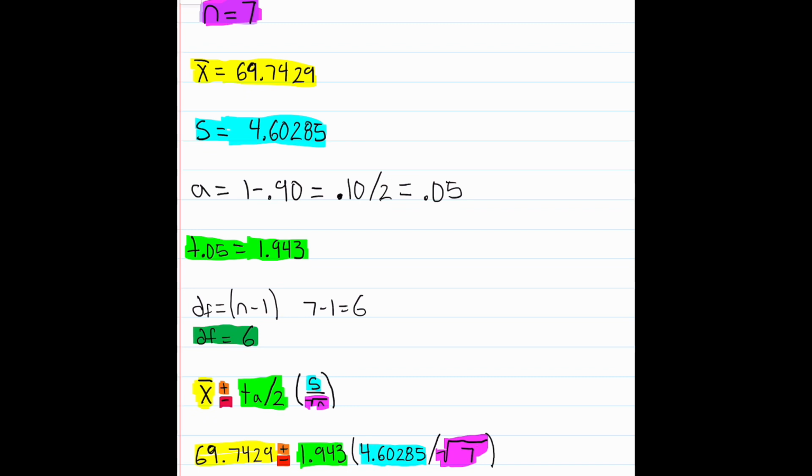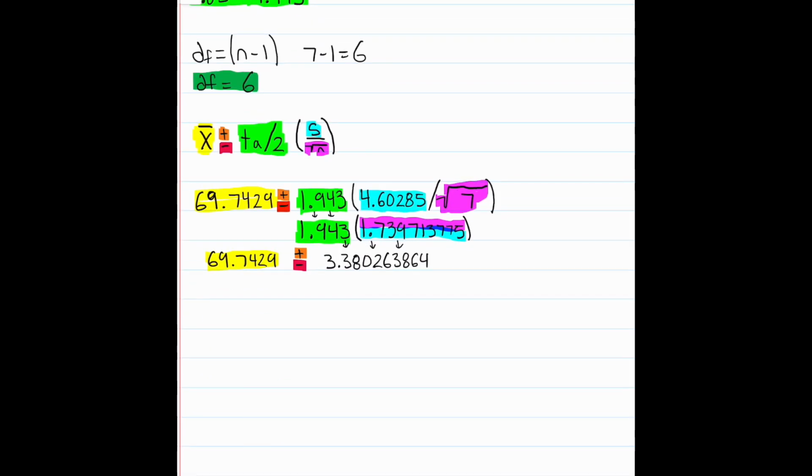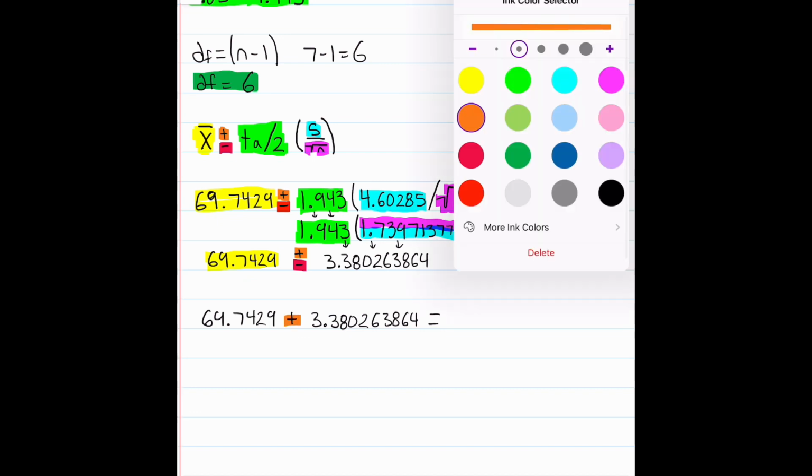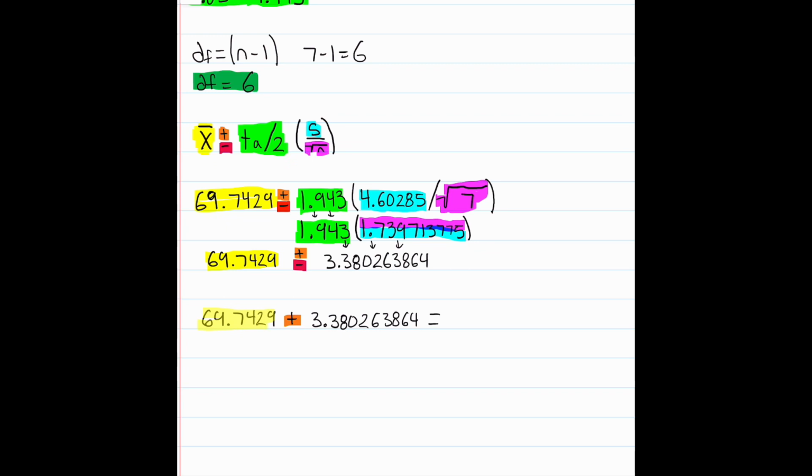The easiest way to do that is just put it in your calculator. And that is going to give us 1.739713775. We're going to multiply that by 1.943, and that will give us 3.380263864.